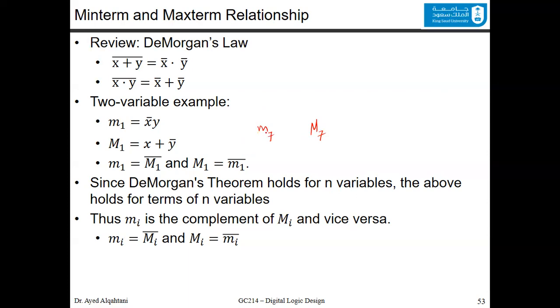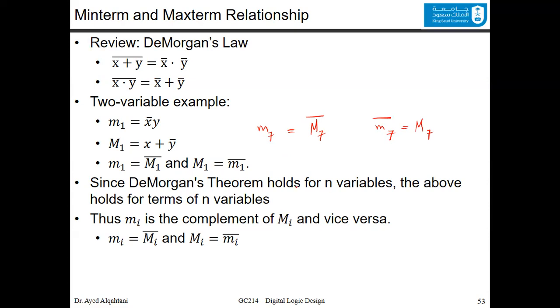If you want to find the relation between M small 7, the min term, and the max term M capital 7, they will be equal to the complement of the other. Either you do it this way, or you do it M7 is equal to M capital 7, and you put the bar here. Either way, both of them are correct.